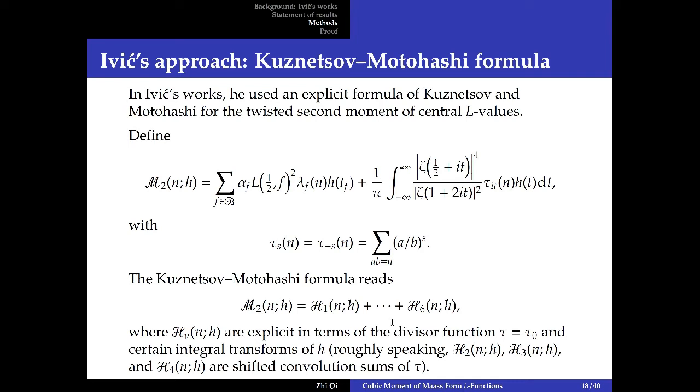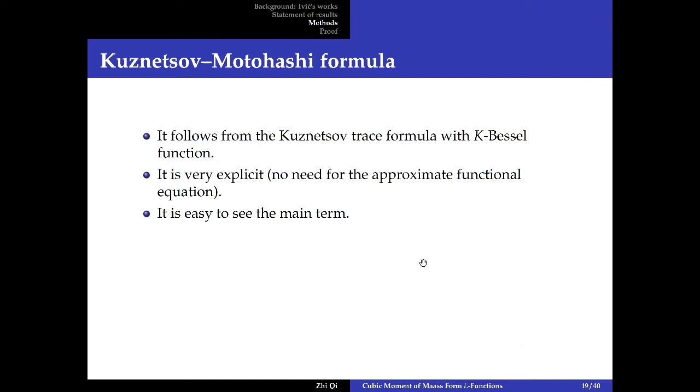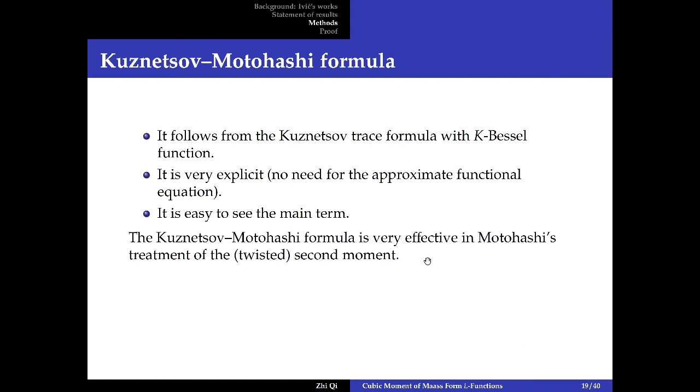And it turns out to have 6 terms, and these terms are all explicit in terms of the divisor function, and also you have certain integral transforms of this H. This might have some similarity with Riesman's talk, the integral transform in Riesman's talk, and their proof also uses the Dirichlet series and the analytic continuations and so on, and it's very explicit. And this formula is very effective.